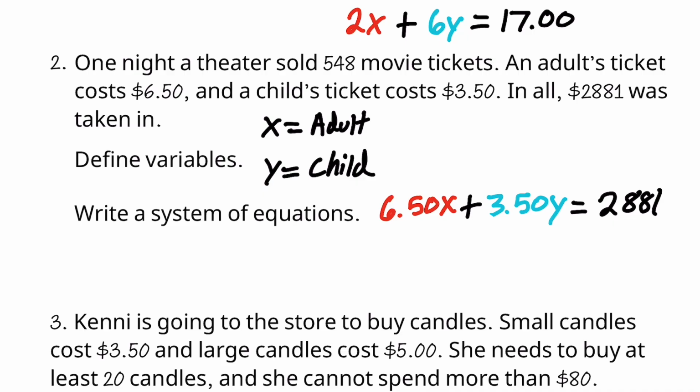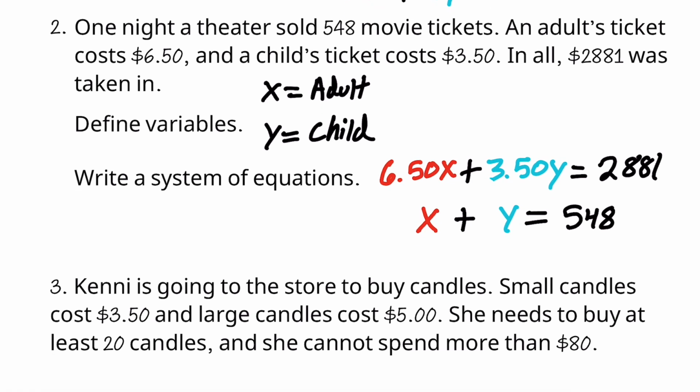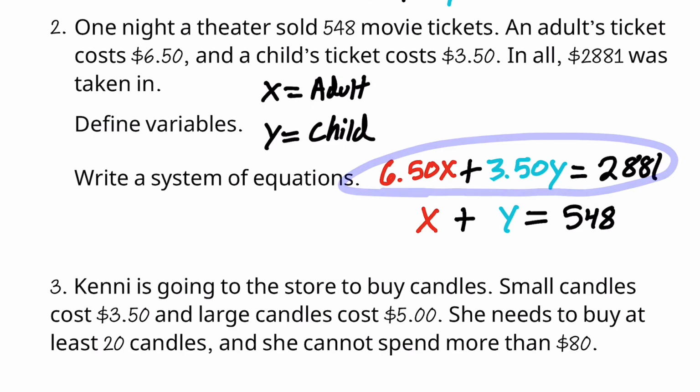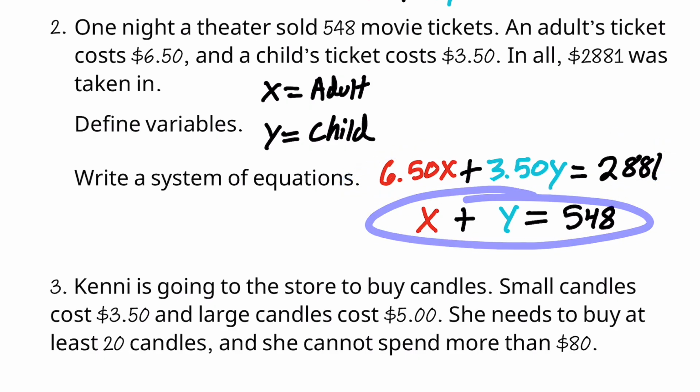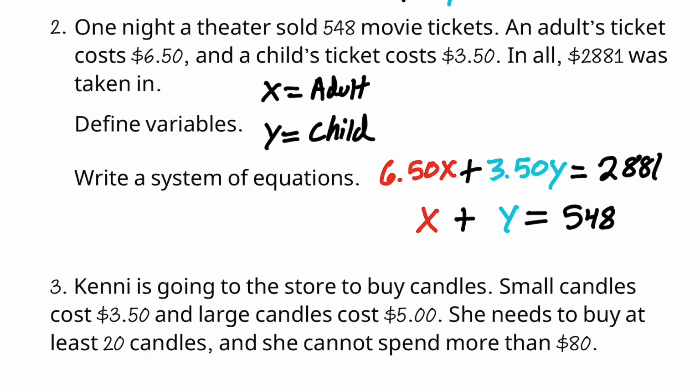So the number of adult tickets plus the number of child tickets is going to give me a total of 548 movie tickets. So another way I want you to think about this, the cost of movie tickets and then the number of movie tickets. And there we go. This is my system of equations.